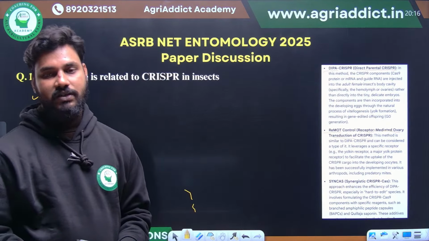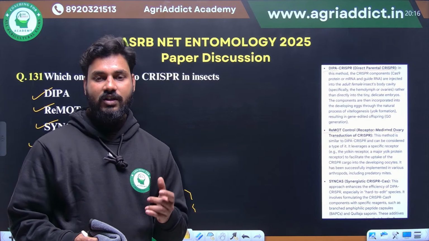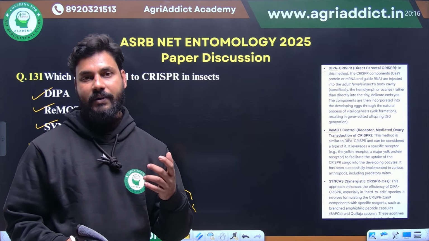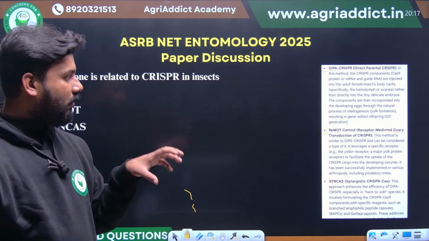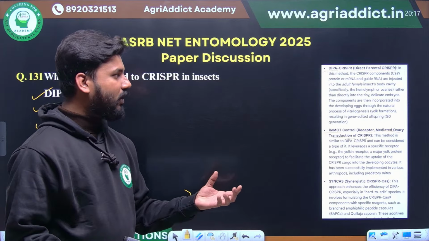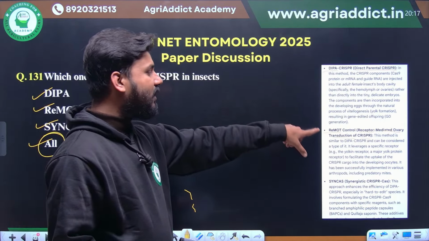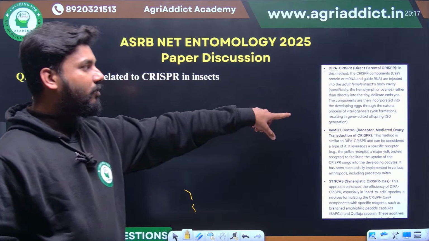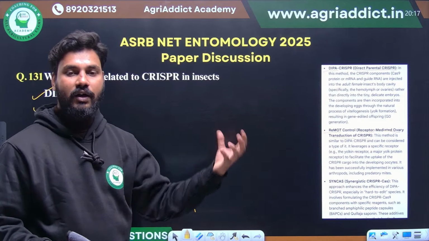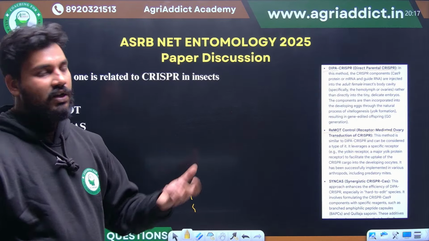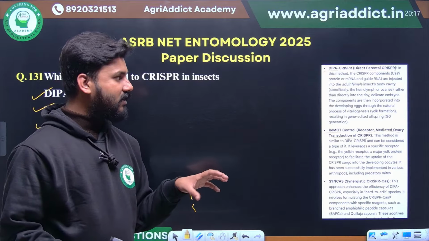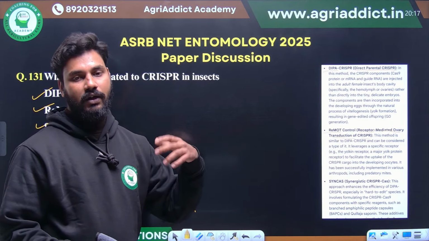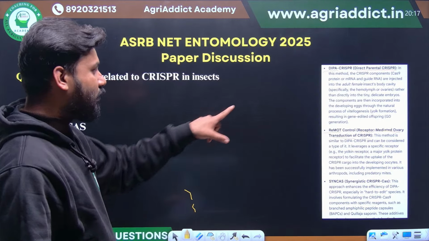When vitellogenesis takes place in insect, they directly take up nutrients from the hemolymph. So if we put this DIPA and ReMOT, like this genome editing tool like Cas9 protein, at the time of vitellogenesis they will take up the Cas9 protein, and finally it will bind and knock down. So like that it will act.